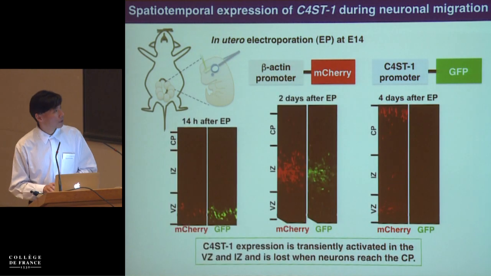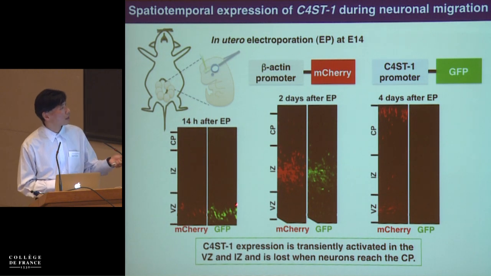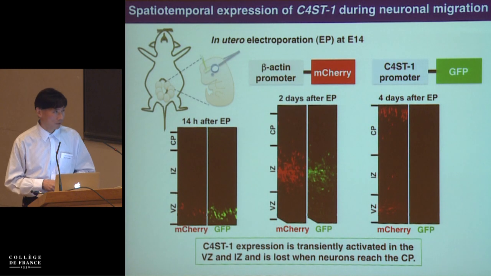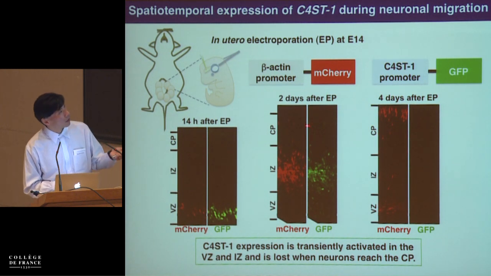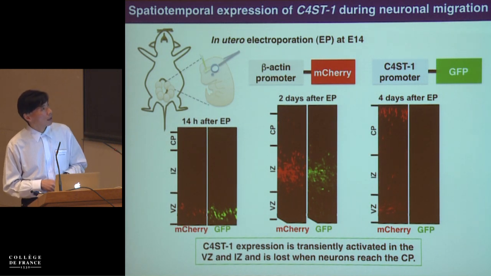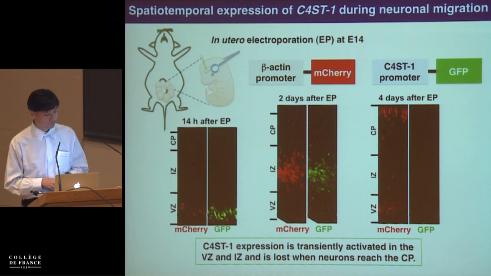C4ST1 promoter activity was already observed in the ventricular zone 14 hours after transfection. Two days after transfection, most neurons had moved to the intermediate zone. However, they still expressed GFP.